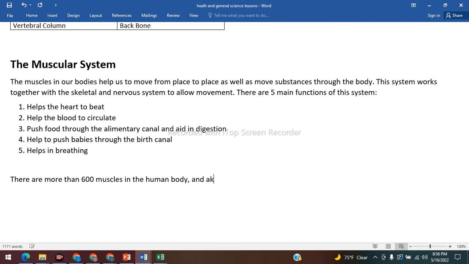And all these muscles are controlled by the nervous system. So the nervous system is like the brain of the body, the control center. That's why you don't want your brain messed up. It messes up all your nerves, your whole body.